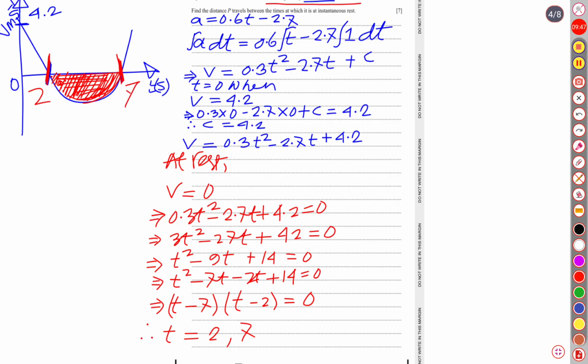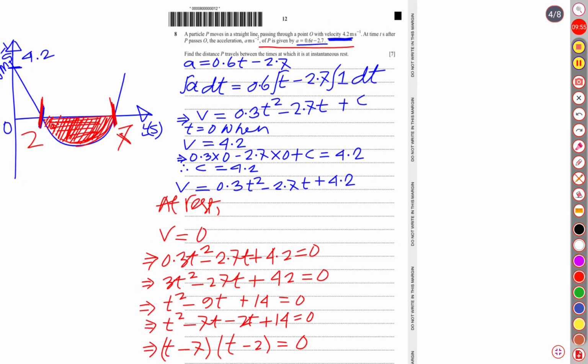So we have got the times when the particle was at instantaneous rest. And look at the question. They have told us to find the distance the particle travels between the times at which it is at instantaneous rest. That means they have told us to find the area of this shaded region, because between 2 second and 7 second the distance traveled is to be obtained.